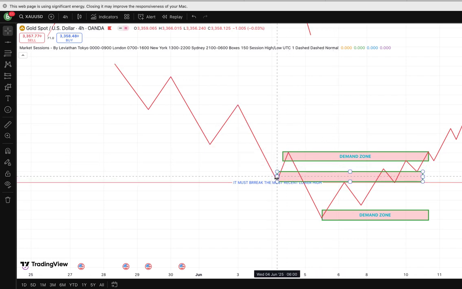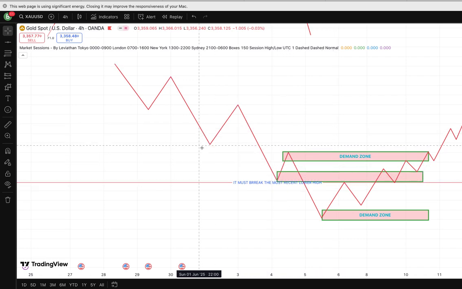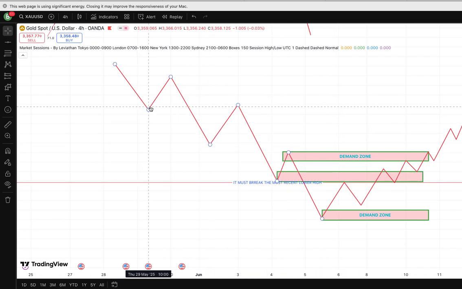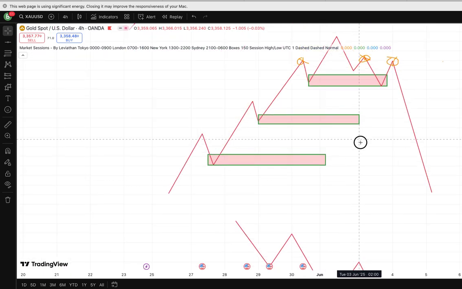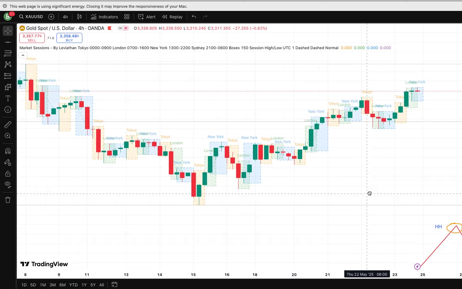All right, this is the most recent lower high, and it must break it before I can tell that I'm not going downtrend again. I'm going uptrend.